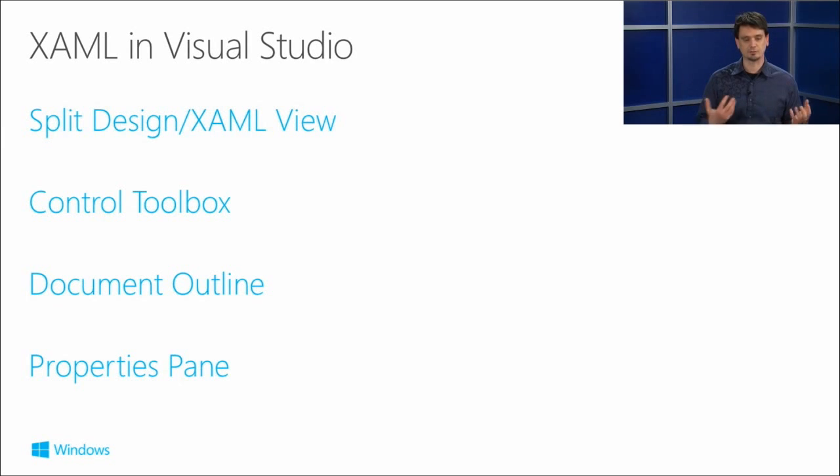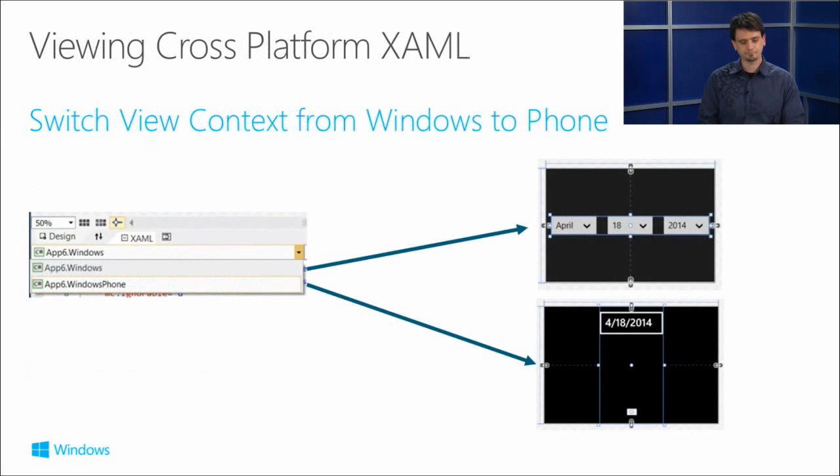There's a great control toolbox where you can drag and drop controls right onto your XAML page. A document outline so you can see what the visual tree of your XAML application looks like, and then a properties pane with a great little search option so you can select a control and change the properties visually right there inside the IDE.